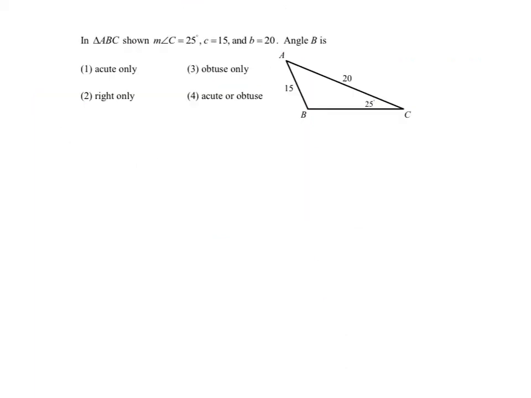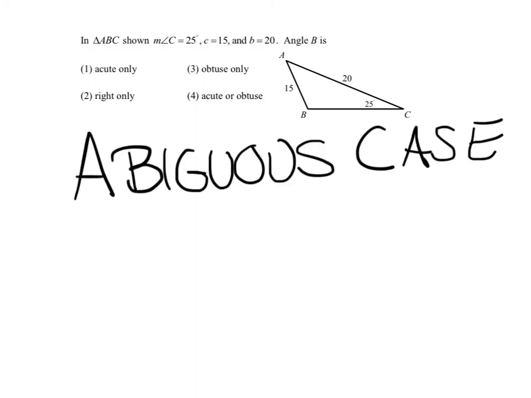All right, our next question says, in triangle ABC, show that it is either acute, right, obtuse, or acute obtuse. Now, this is that ambiguous case. All right, and the ambiguous case is how many distinct triangles can you make? So remember, we always use the law of sines. Now, it's specifically talking about angle B, so that's where my x is going.